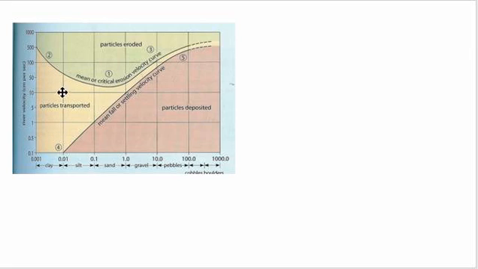So not surprisingly, as the water becomes faster and faster, it can pick up larger and larger pieces of sediment. There are two lines there that you will see. One is the mean critical erosion velocity. That's the velocity that is required to pick up the material in the first place.